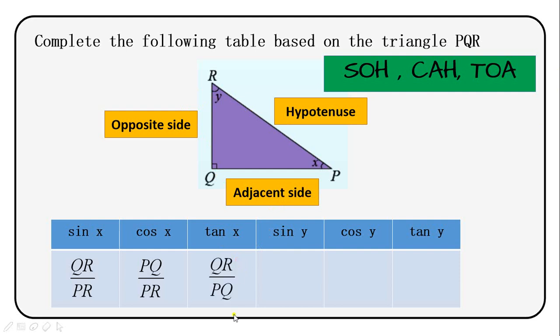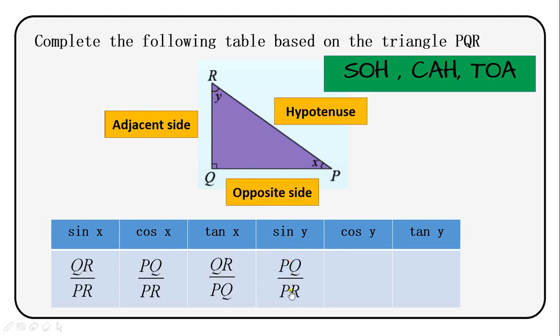So QR over PQ. For tangent y, we refer to this angle y. So the hypotenuse remains unchanged, but these two will differ. So this one will become the opposite side and this one will become the adjacent side. So for sine y, opposite over hypotenuse, opposite is PQ, hypotenuse PR.